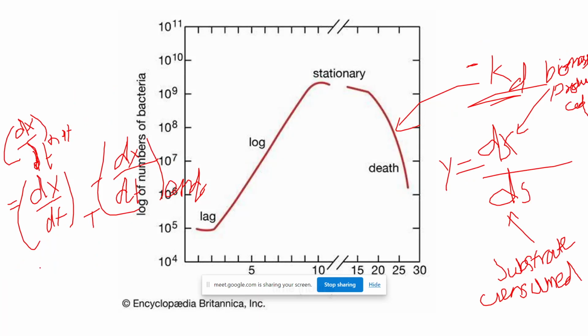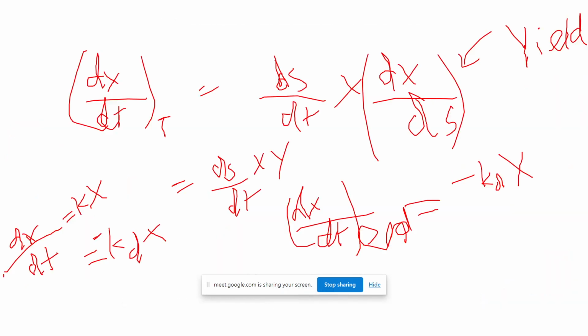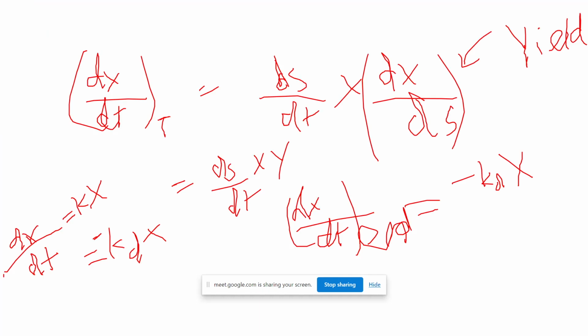See here. dx by dt total minus dx by dt endogenous respiration. dx by dt total, what is it? From this slide you can get.